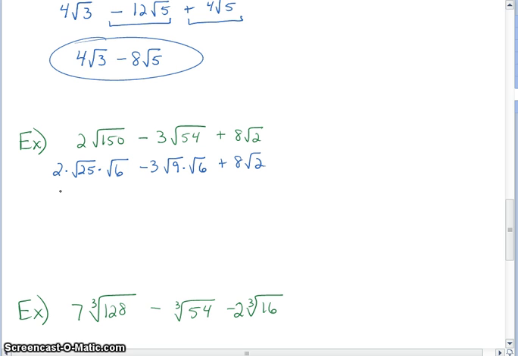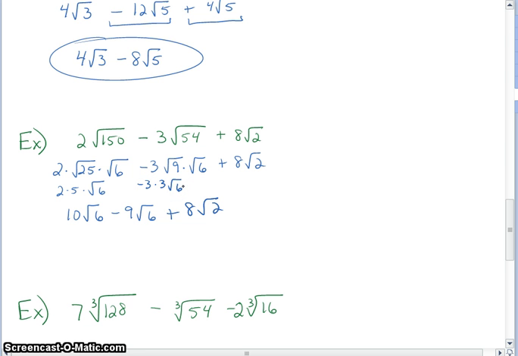Okay, so now I've got 2 times 5 times the square root of 6, so that's 10 square root of 6 minus 9 square root of 6 plus 8 square root of 2. Remember this becomes negative 3 times 3 square root of 6.